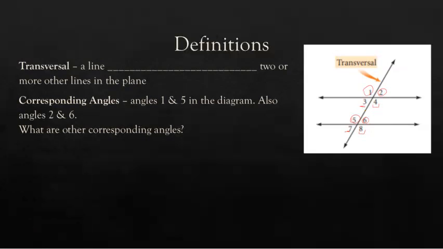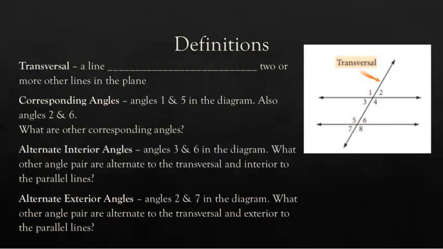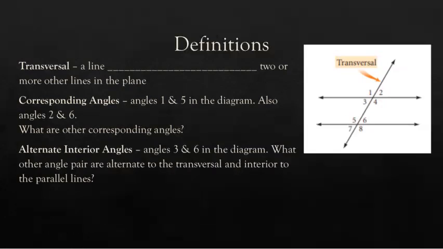We also have what we call alternate interior angles. That would be angles 3 and 6 in our diagram. What other angle pair are alternate to the transversal? So 3 and 6 are on alternate sides of the transversal, and they're interior of the parallel lines.